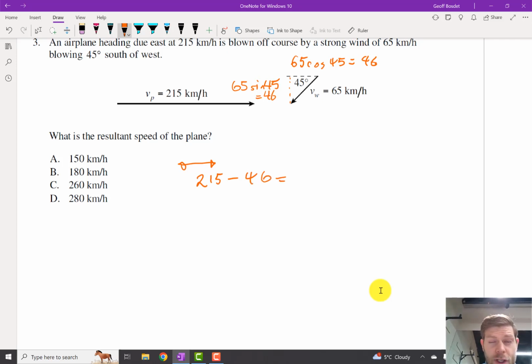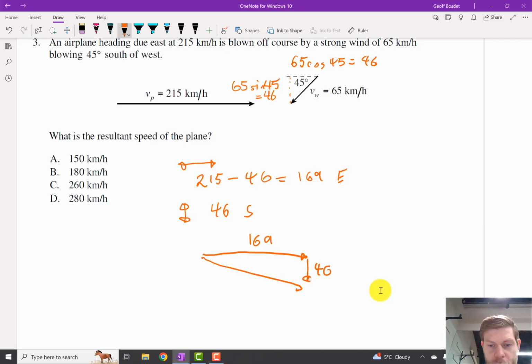And so 215 minus 46 would be 169 to the east. And our only south one is 46 south. So then we can just draw a triangle where we've got 169 east and 46 south.